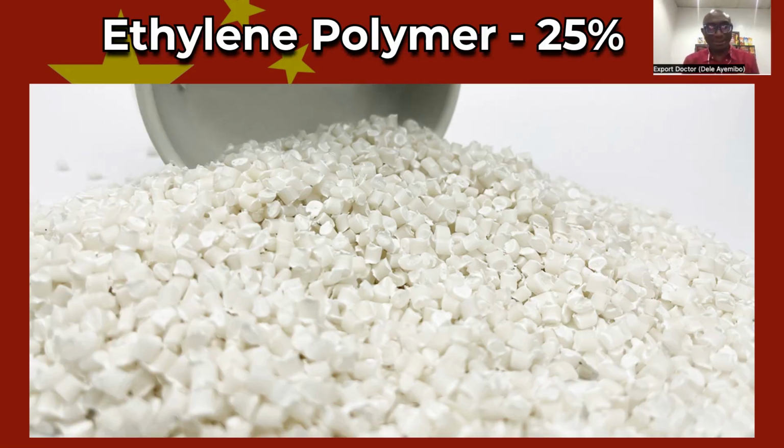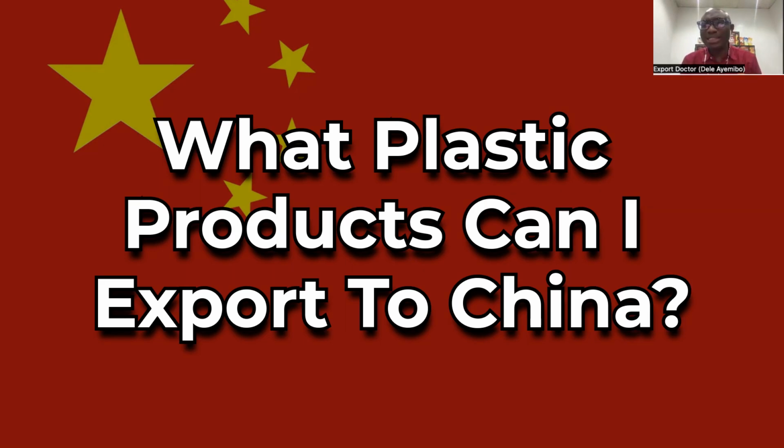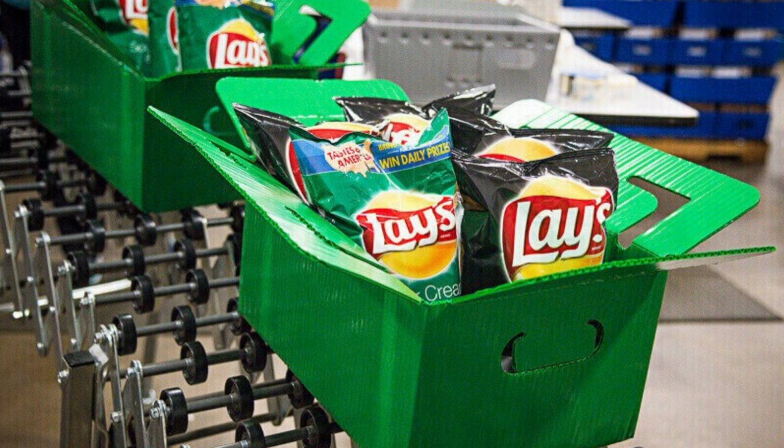For example, ethylene polymers. China is importing 19.7 billion of it, and I'm not surprised, because China needs this in a lot of packaging materials. The reason is that China is into a lot of production.